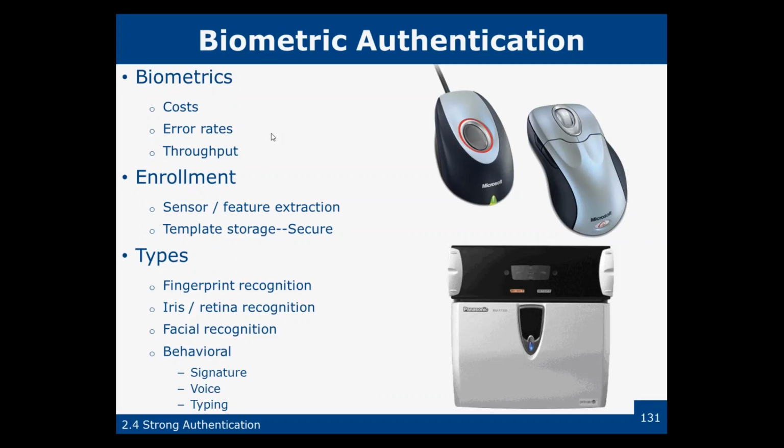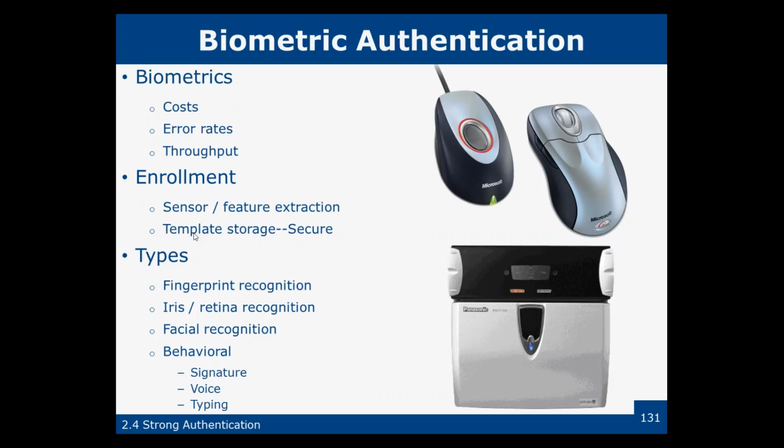You have to enroll users into the biometric system. So we have a sensor, and then we have feature extraction, where it extracts the major components that it's going to use for identification. Template storage: the template is going to be all of the features that are stored to do the comparison with, and that has to be secure storage, obviously.